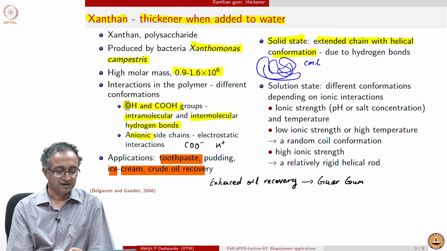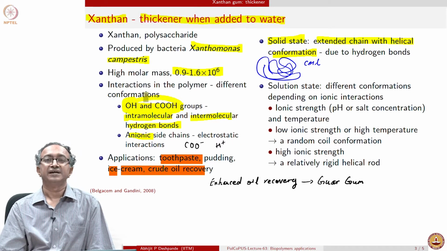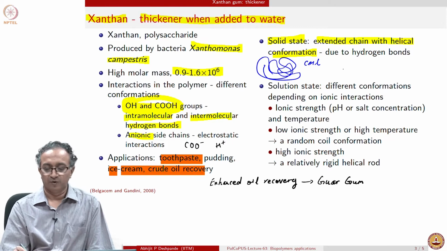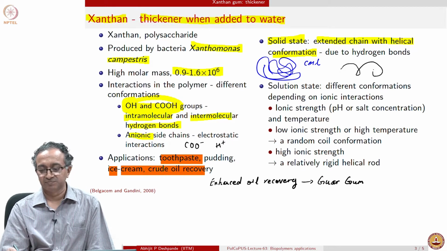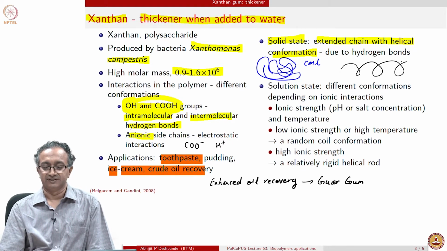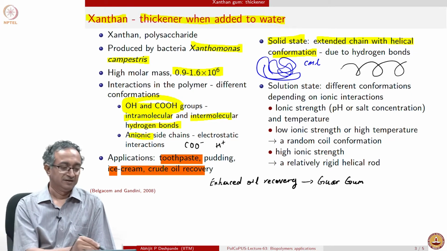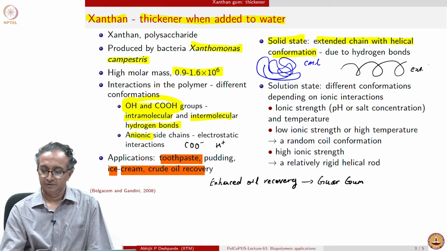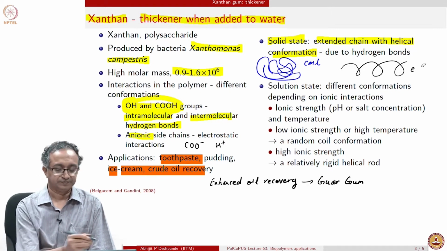Because these hydroxyl and carboxylic acid groups are there, extensive hydrogen bonding is possible in these materials, and in the end what you end up getting is some helical structure like this, and then it is an extended chain as opposed to a coil. Therefore, this is called an extended chain.